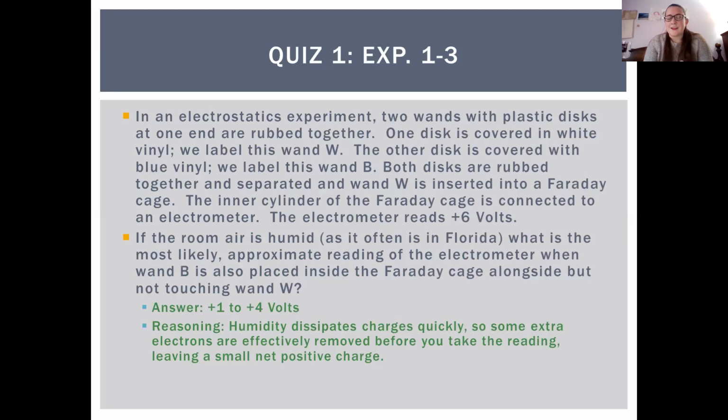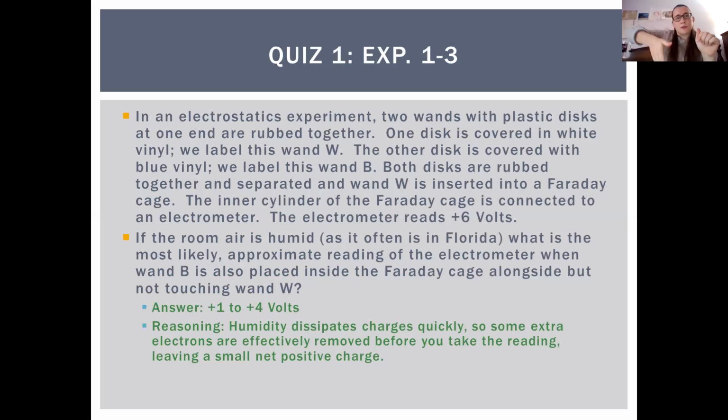This problem, I suppose you could say, happened a lot in Florida, where the room air was very humid. And so he's asking, since it's so humid, what is the most likely approximate reading of the electrometer when wand B is also placed inside the Faraday cage alongside but not touching wand W.